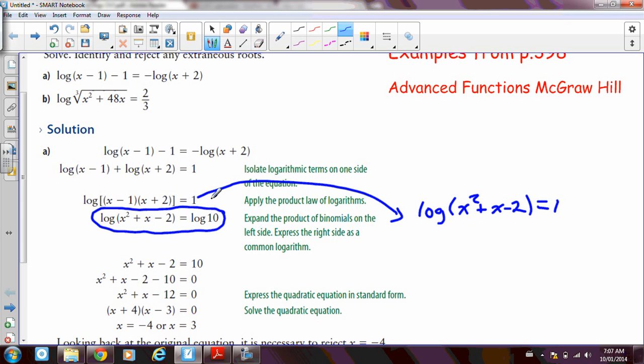That's what I think people would tend to go to. And then this is just a log written in standard form. We have a base 10, the exponent is 1. So I would tend to go to 10, the base, to the exponent 1, equals x squared plus x minus 2. Now you can see obviously that that's exactly the same line as where you end up here as well.